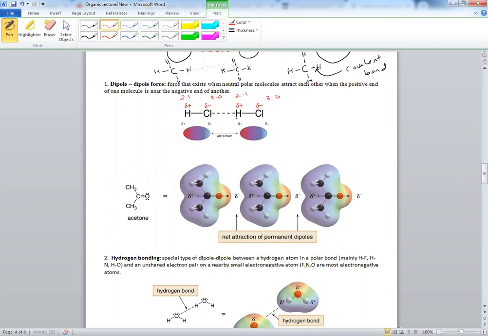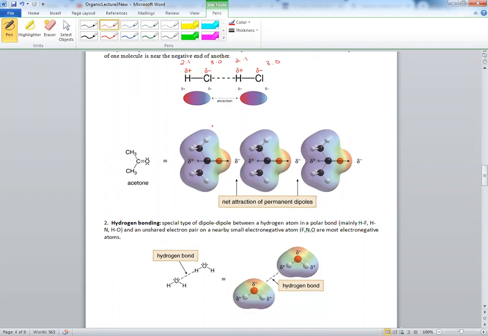So it's attracted to the hydrogen, which is a delta plus. That's what causes the attraction. Plus to minus. So they're oriented or aligned in a way that makes that interaction possible.